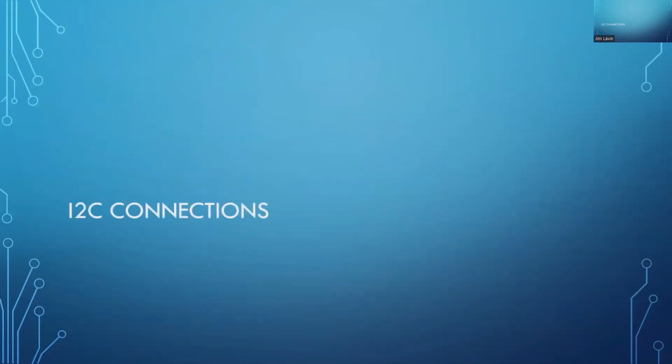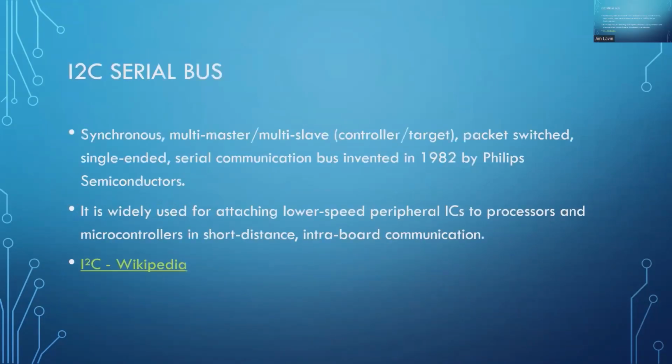So let's talk about the I2C connections again. For anybody that didn't make it to the last meeting, the I2C serial bus is what we're going to use, and it was designed by Philips back in 1982.